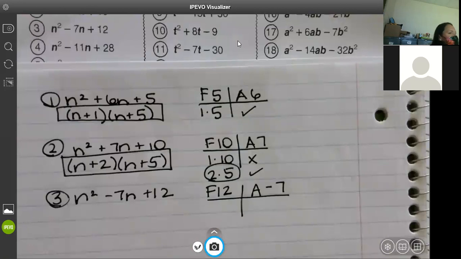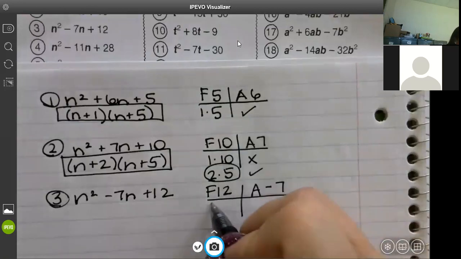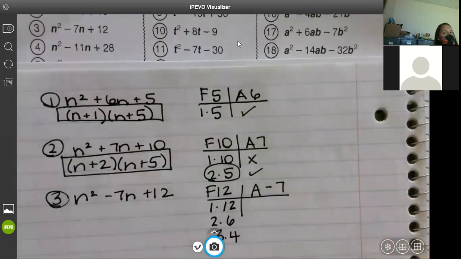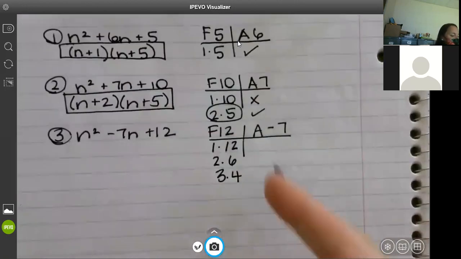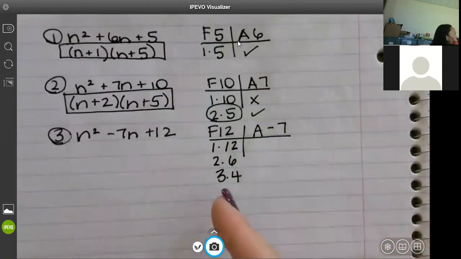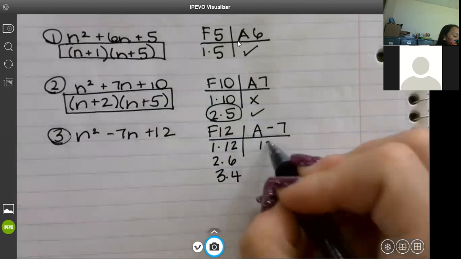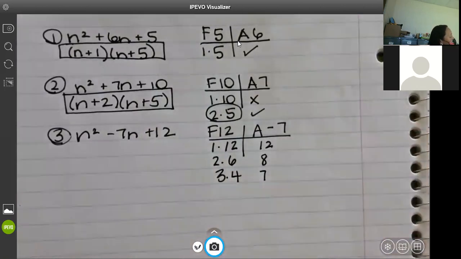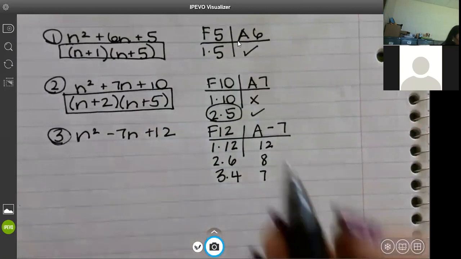So if you get a little bit confused, use your calculator. But your factors of 12 are 1 and 12, 2 and 6, 3 and 4. But because I need a negative 7, that means I'm going to have to change these factors. So if we look at this, this gives you a positive 12. This gives you 8. This gives you a positive 7. So how would I get negative 7?